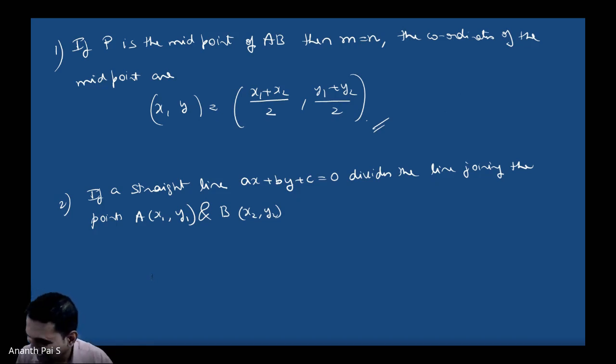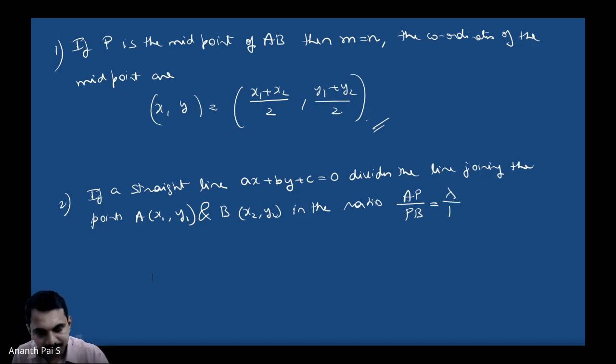Leave it in the ratio AP by PB, which is equal to lambda by 1.